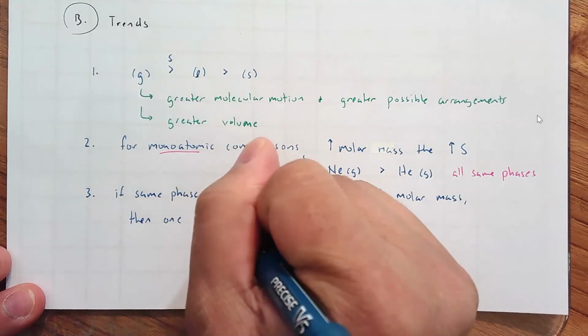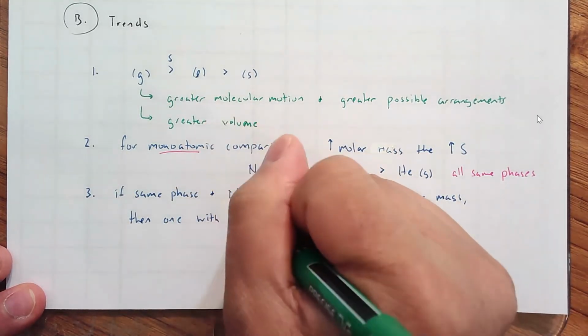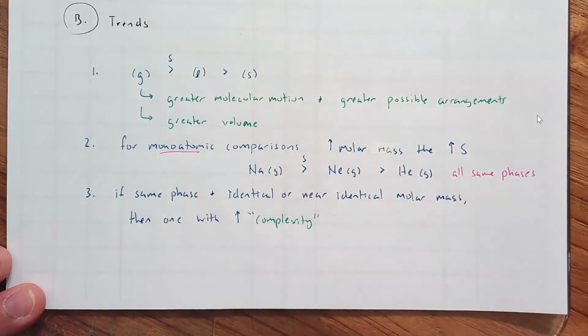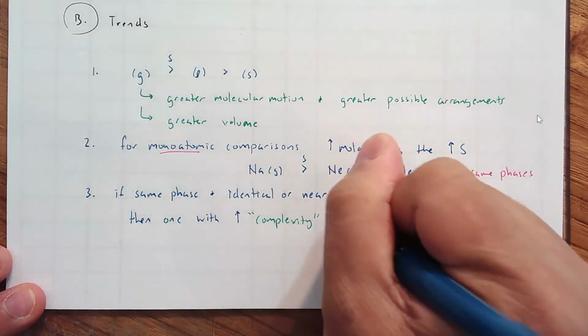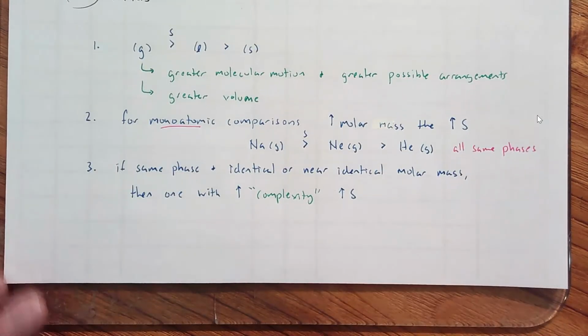The one with higher, and we have this new term, complexity, has the higher entropy S. Let me give you an example of that.